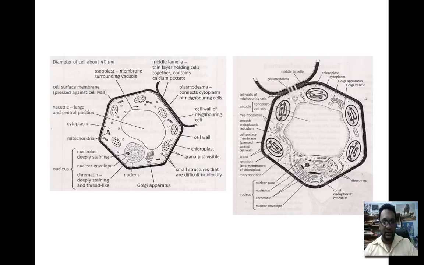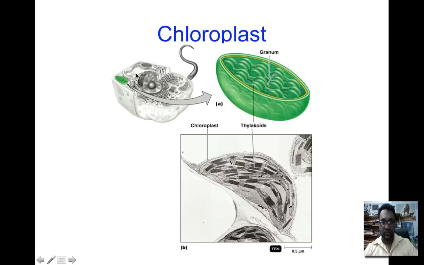Alright, so this is the plant cell seen with a light microscope, and this is the same plant cell that you would see using an electron microscope, and as usual you will see a lot more resolution, a lot more detail with the electron microscope as opposed to the light microscope. So just like the mitochondria, the chloroplast has a double membrane structure.